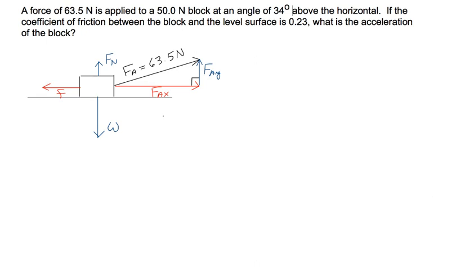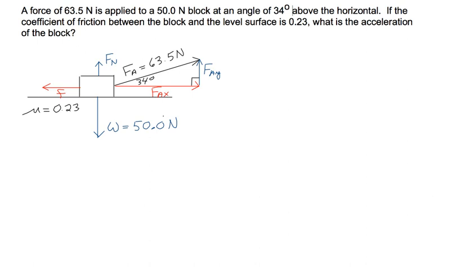So I can see that the coefficient of friction is given above as 0.23. I can see that the angle right here, which I should probably have on the picture, is 34 degrees. They're also telling me that the weight is 50 newtons. So this right here is 50 newtons.